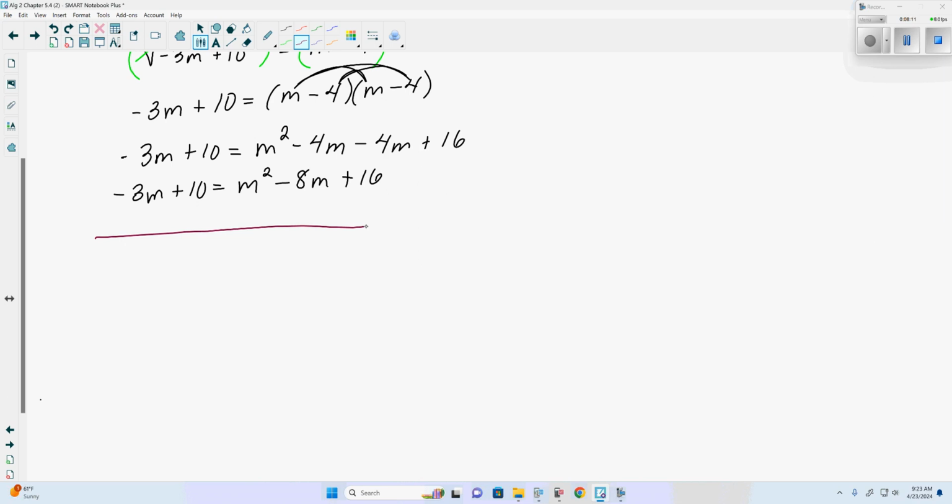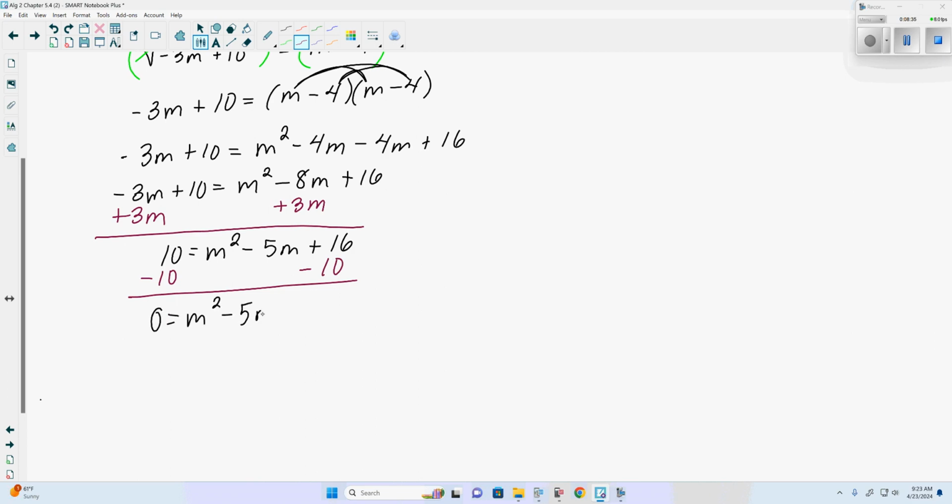So we can add 3m to both sides, which will tell us that 10 is equal to m squared minus 5m plus 16. And we would subtract 10. So 0 equals m squared minus 5m plus 6.